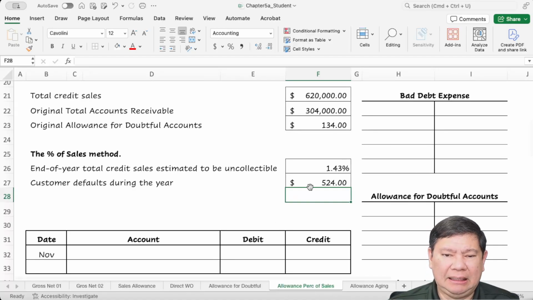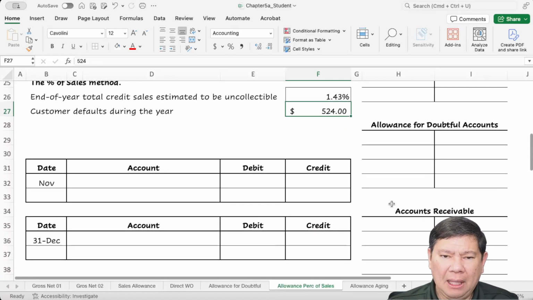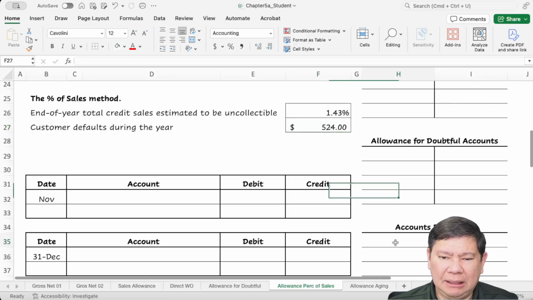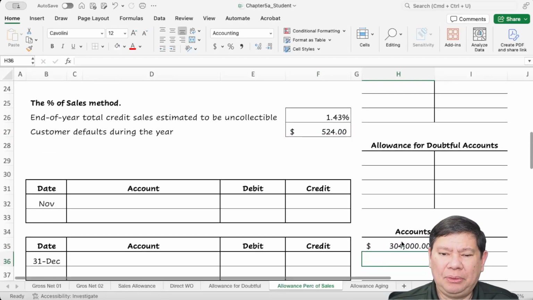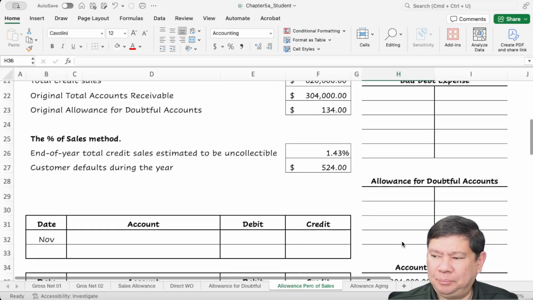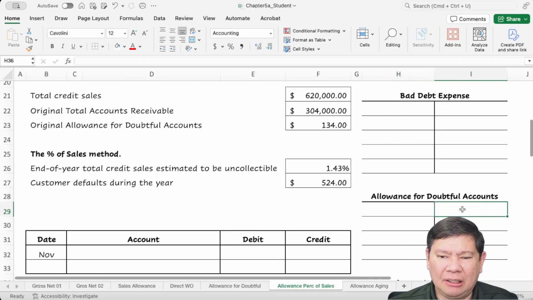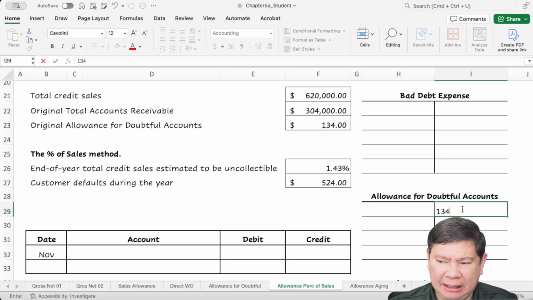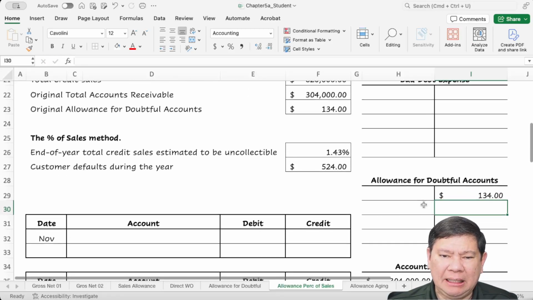First, let's do the customer default first. That happened last year. So accounts receivable was $304,000. And then the allowance for doubtful accounts on credit is $134. Okay, so that's the information we have.